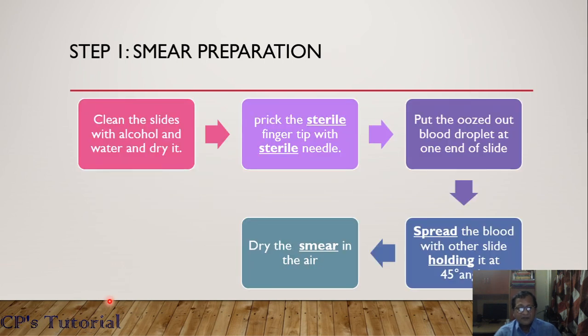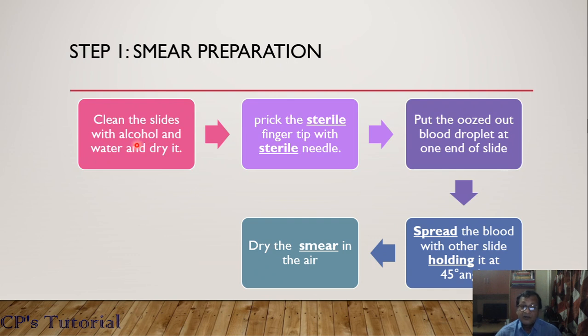Now the process of smear. I am going to smear the blood cell. You have to remember that during this function we are making the smear on the slide. First you have to clean the slides. Cleaning means no dirty particles should be there.